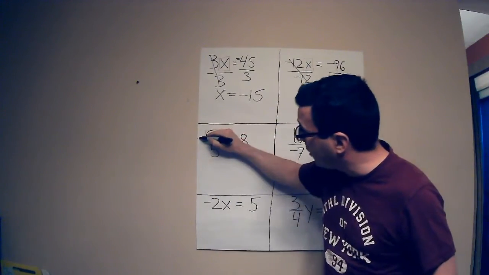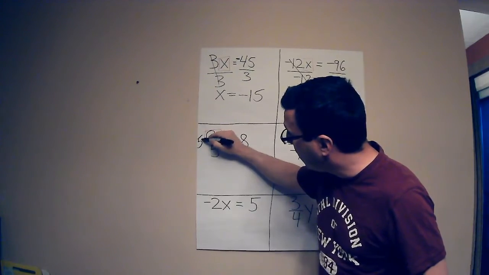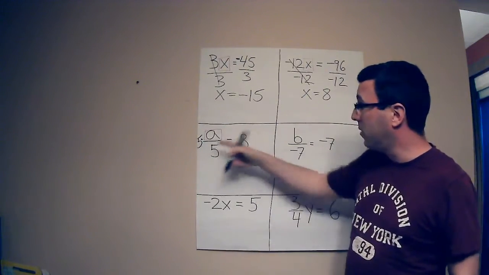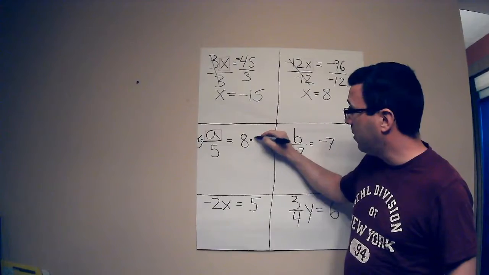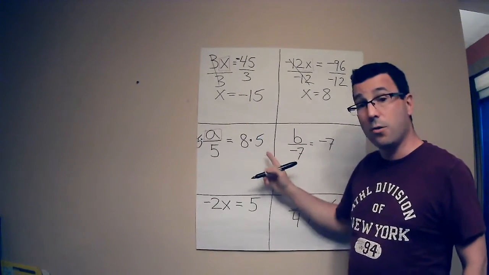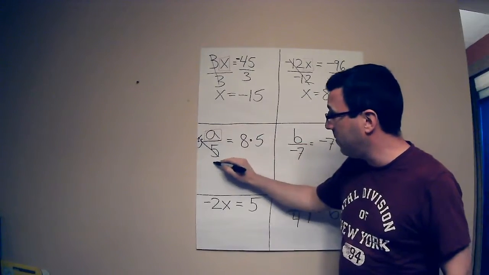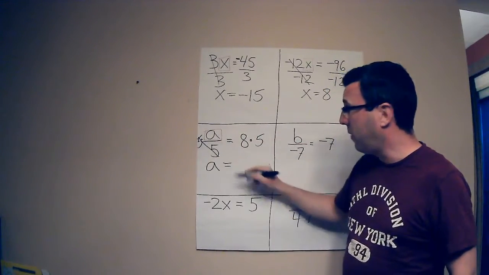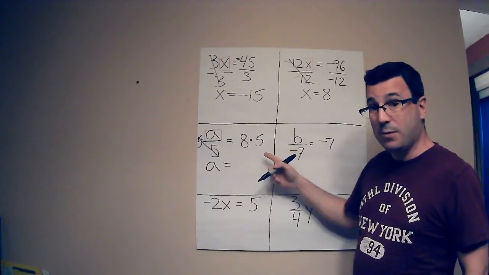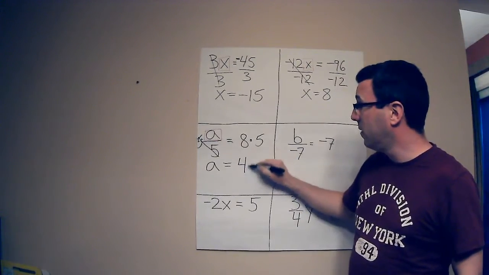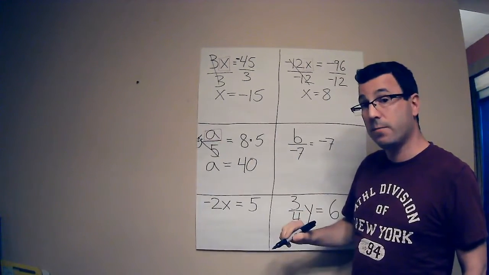So I'm going to write, and I'm going to try not to write on the wall, 5 times on this side, and I'm going to do times 5 on the right-hand side. These two 5's cancel out. I'm left with a. 8 times 5 is 40.